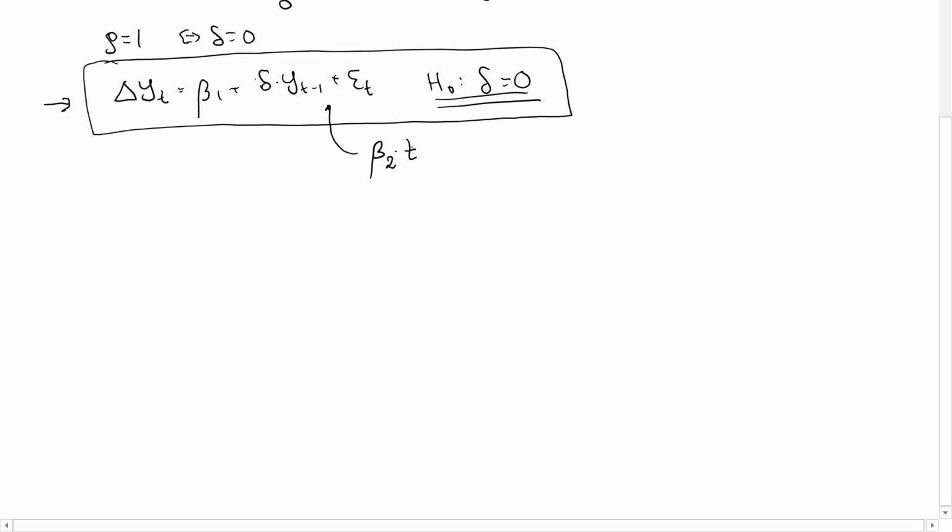However, in this case, if we reject the null hypothesis here, claiming that delta is less than 0 or claiming that the rho parameter is less than 1, the model would still not be stationary if beta 2 is different from 0, but it would be trend stationary. So this is a convenient specification if you try to determine if your data is trend stationary or difference stationary.